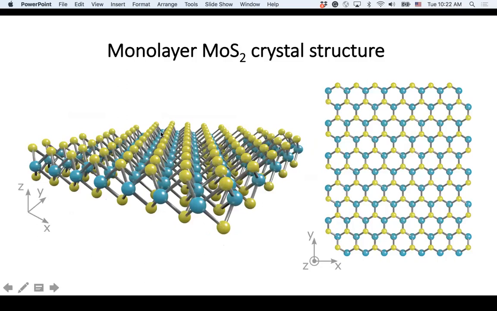So monolayer MoS2 has this lattice structure that I show here. If you see it for the first time, you probably are confused about what the structure is. If you look from the top, you see a honeycomb lattice. This is the Mo atom, this is the selenium atom, but there are 2 selenium atoms.